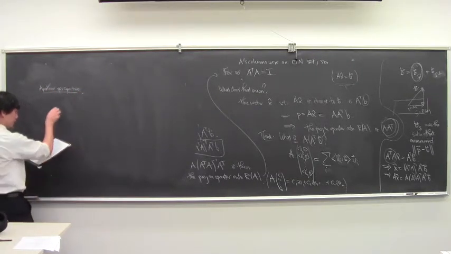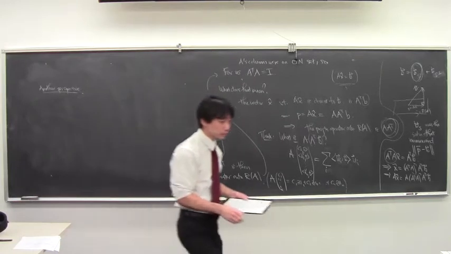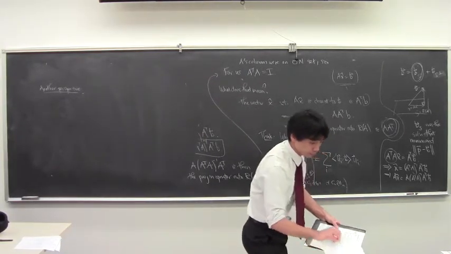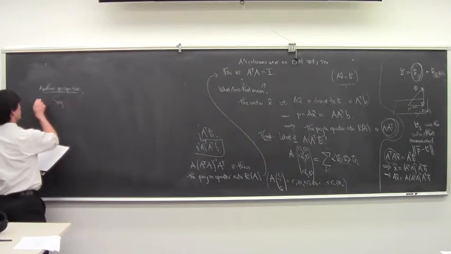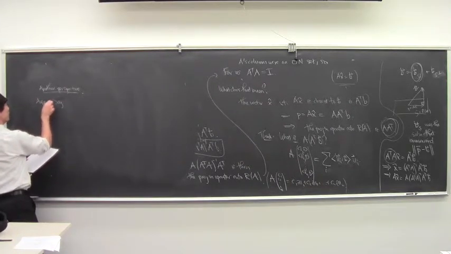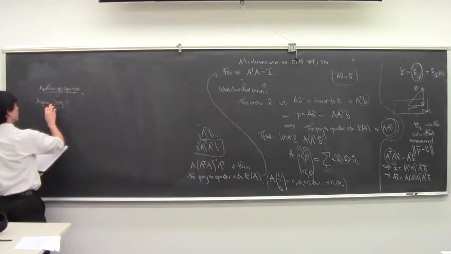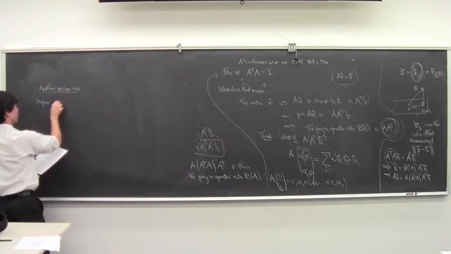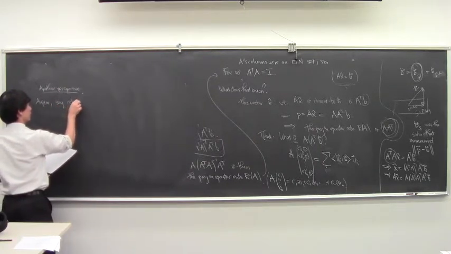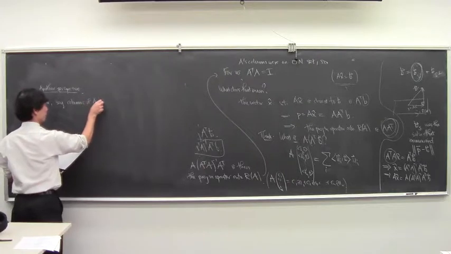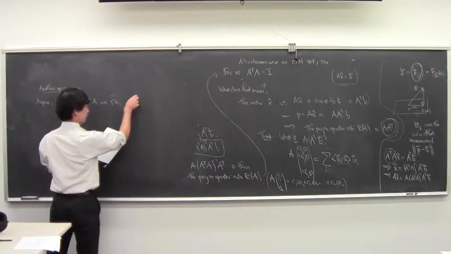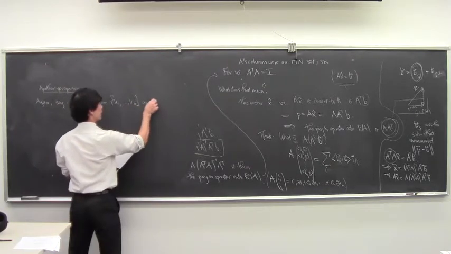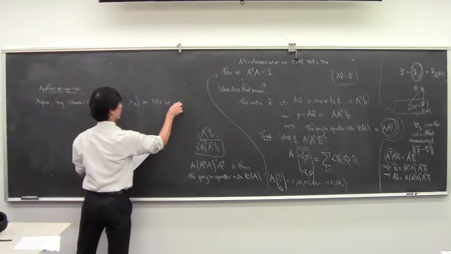Say the columns of A are U1 through UN, an orthonormal set in Rm.